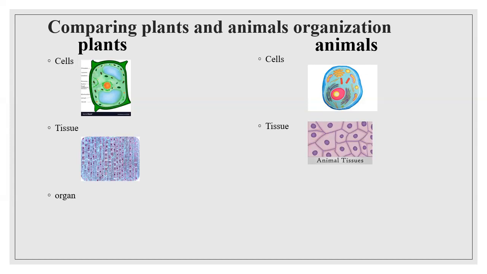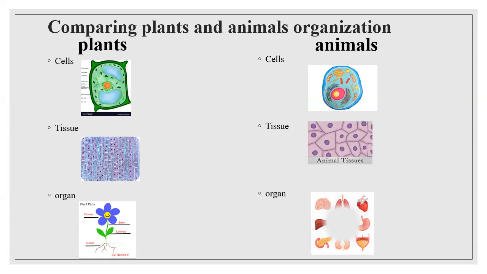When tissues combine, they form organs. So we have plants' organs like leaves, roots, stems, and flower. On the other side, animals' organs include lungs, kidney, intestine, stomach, heart. When the organs combine, they form an organ system.